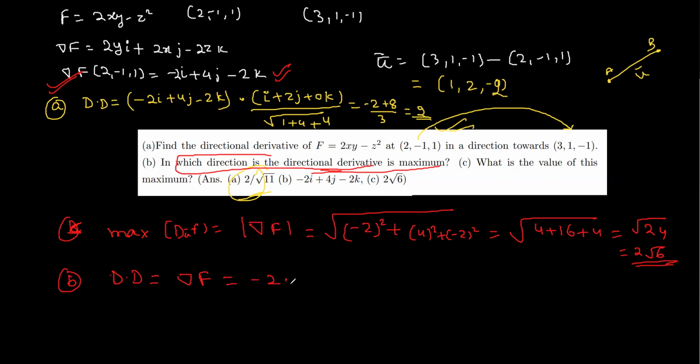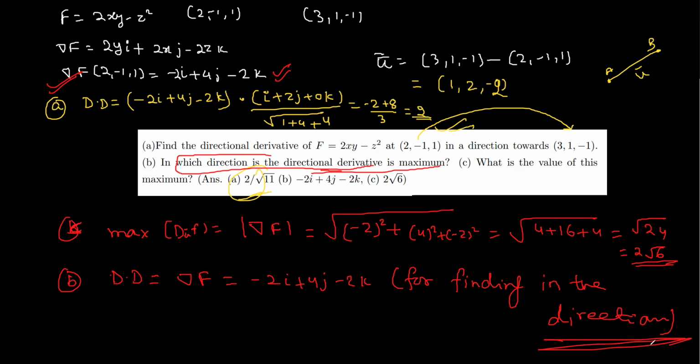What is grad f? 2i 4j minus 2k, for finding the direction. Understood?